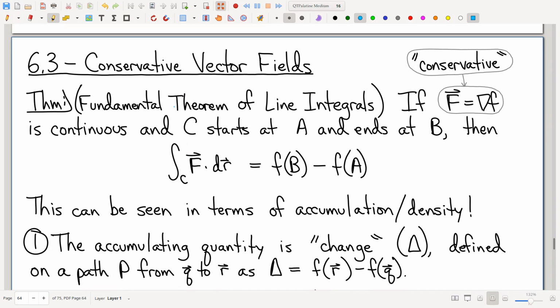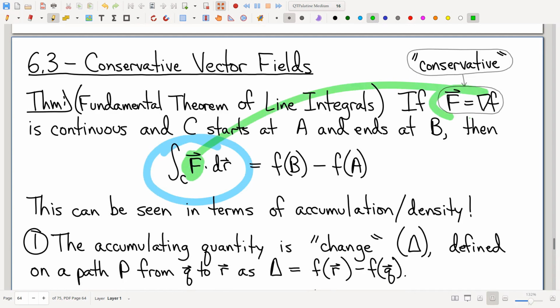Right? If you want to take a line integral of a gradient, then all you got to do is find, y'all will recall what I like to call the anti-gradient, the thing whose gradient is your vector field. Just find that anti-gradient, right, and plug in the endpoints and subtract, just as if you were doing the fundamental theorem in calculus.